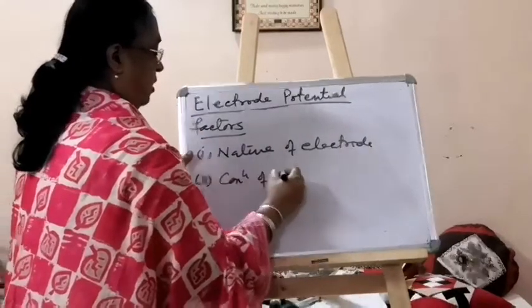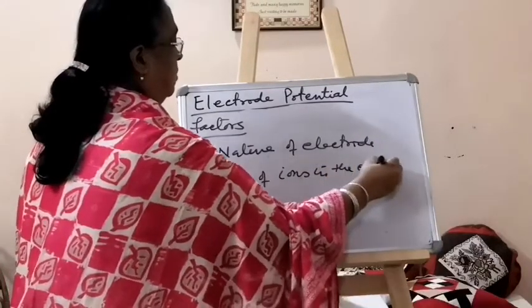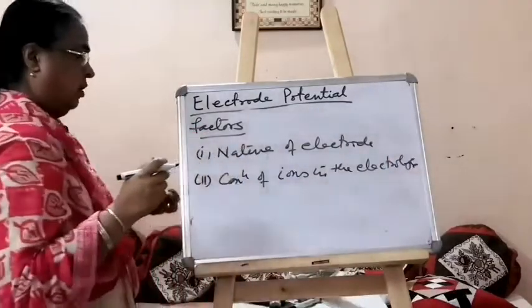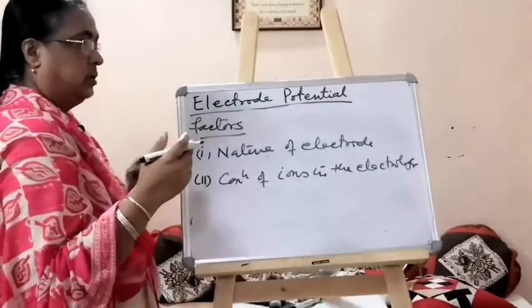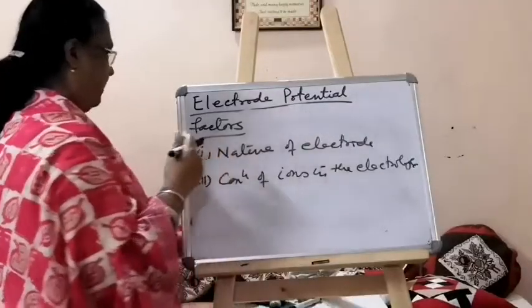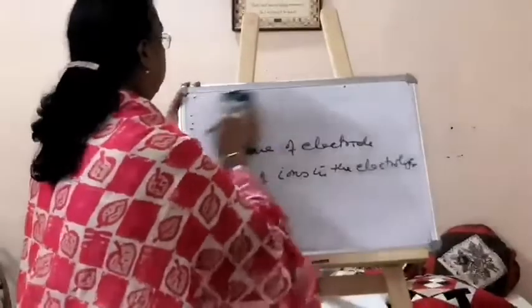And the second is the concentration of ions in the electrolyte. If the concentration changes, the rate of the oxidation and reduction reaction will also change. So these are the two important factors on which electrode potential depends.